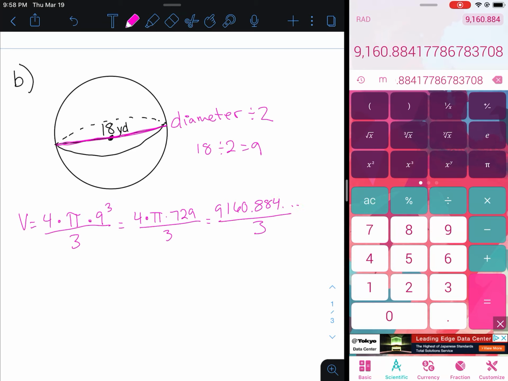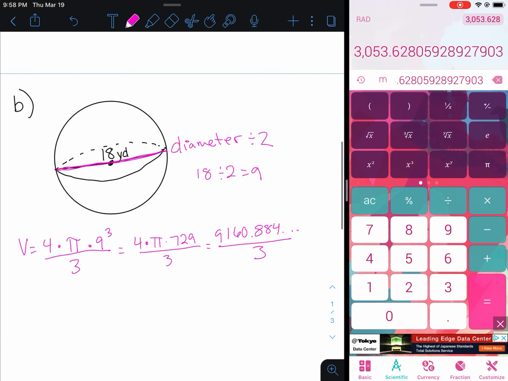I divide by 3. And when I divide by 3 at the end, I am left with 3,053.6, and that 8 causes my 3 to round up, and I am doing yards cubed. Again, I am talking about volume, so my answer is cubed.